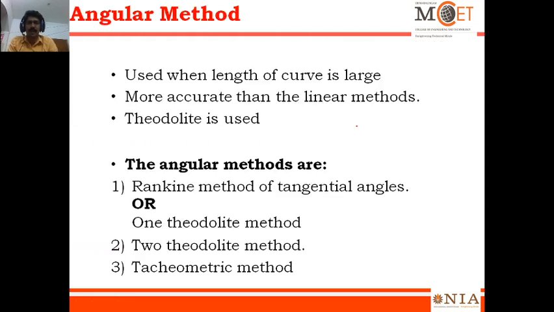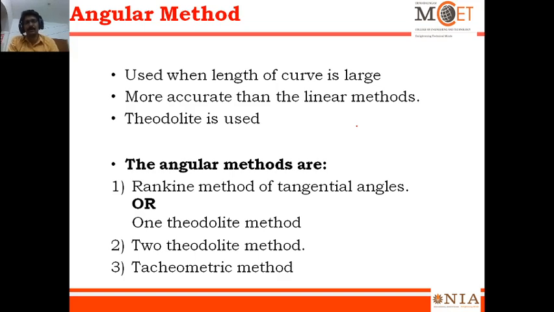We continue with the angular method of setting out the curve. Compared to the linear method, understand friends, when the radius of the curve is large and the long chords are very small, and the tangent distances are very small, mostly the linear method is adopted.